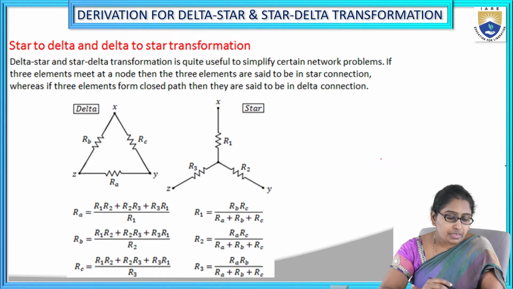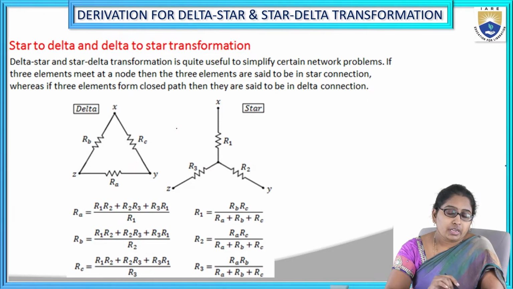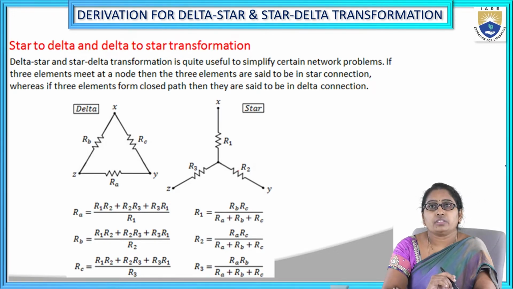Now here we see the delta network between the terminals x, y, z with elements RA, RB, RC, and the star network shown again between the same three terminals x, y, z with the elements R1, R2, R3.